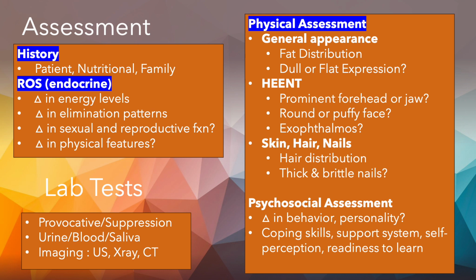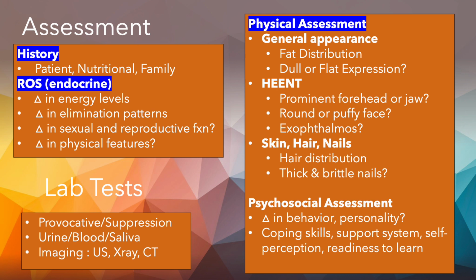Some of the review of system questions specifically for endocrine are any changes in energy levels. Because here we're not just looking at one specific gland, we're having general questions to pinpoint which gland the endocrine issue can be coming from.